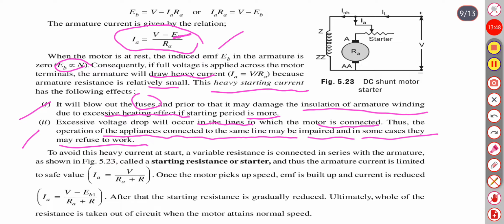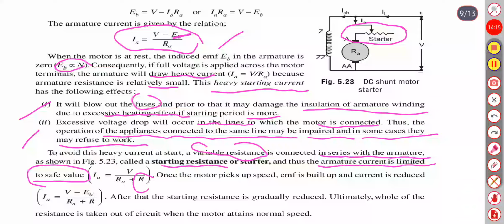To avoid this heavy current at start, a variable resistance is connected in series with the armature, as shown here. This is called the starter or starting resistance, and thus the armature current is limited to a safe value by adding this resistor in the armature circuit.